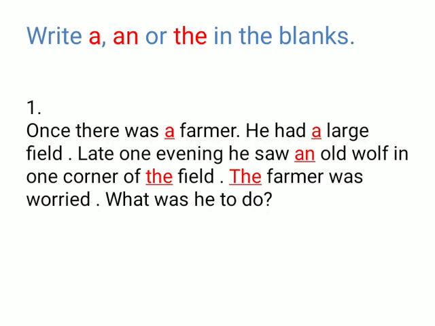The farmer was worried. What was he to do? Again, here we have used article the because the word farmer is repeated here. So article the we will use, that is the farmer.